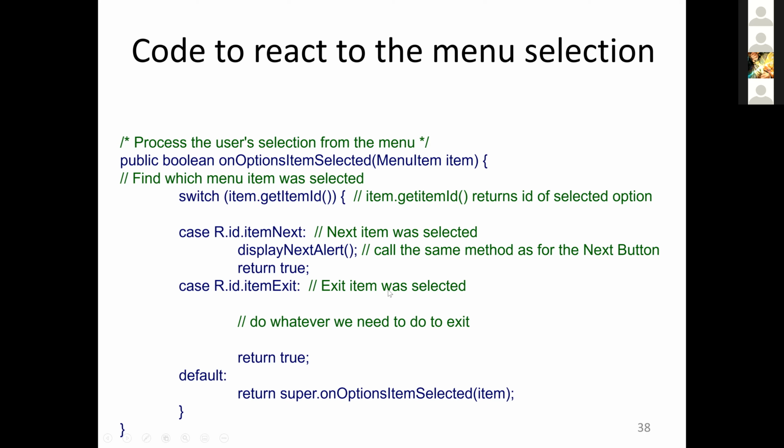This one is the exit item. Here we have not added anything because we will discuss this part next, but just write it like this, then return true. So it does nothing, returns true. And then the default one is return super.onOptionsItemSelected(item). Can you implement that code?